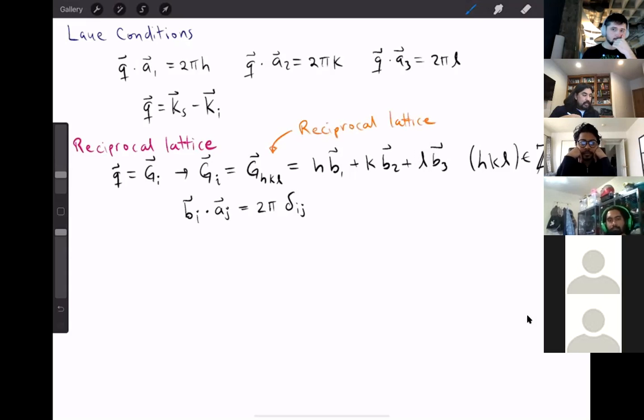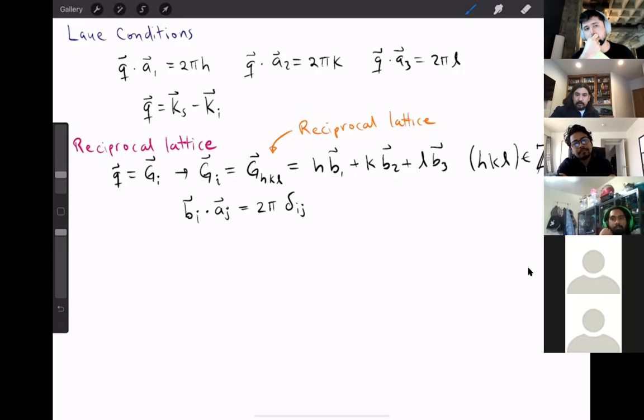And this G gives us a roadmap for what is the diffraction coming out of the crystal. You can think about it, if you're familiar with this, as the spatial Fourier transform of the space lattice. So it's a one-to-one relationship between the T and the G. And it tells us where scattering can happen. When is the Laue condition met for that particular set of lattice points in your crystal?